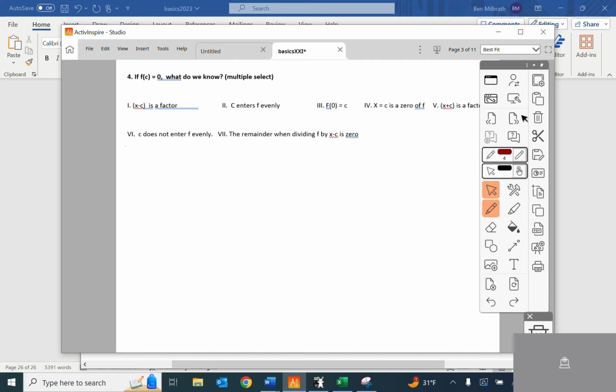Number 4, if f of c is 0, what do we know? And it is multiple select. Now let's talk about f of c. F of c is 0. This literally means x equals c. And if we shift left, we get x minus c is 0. X minus c is a factor. Enters evenly is another nice way of saying remainder of 0.